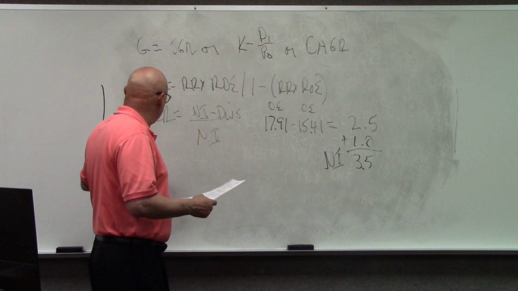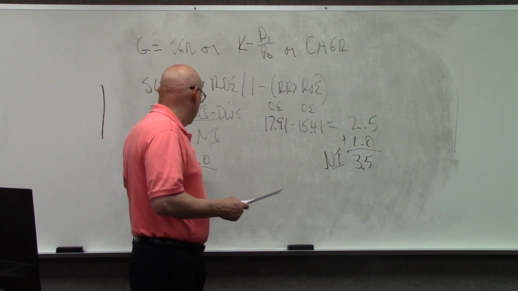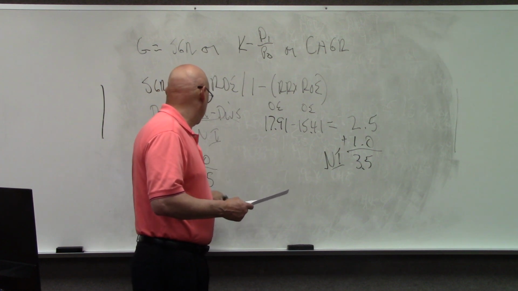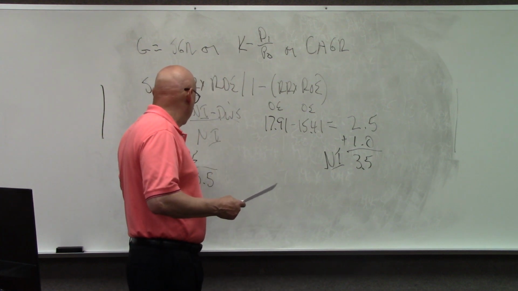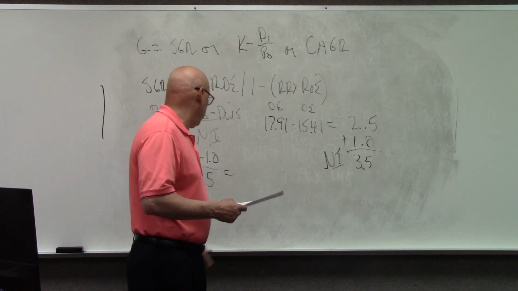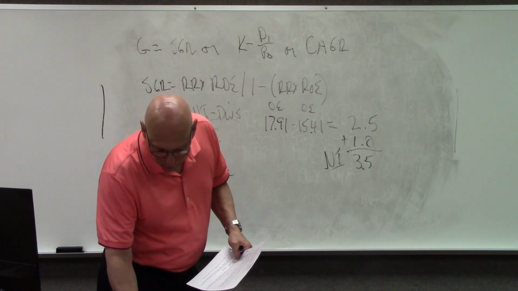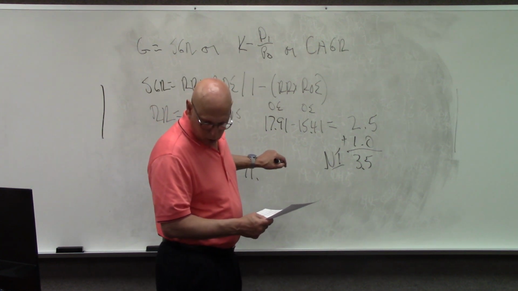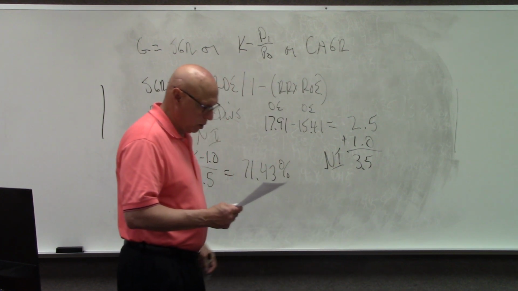So the retention rate is equal to $3.5 million minus 1.0 divided by 3.5. So that's 2.5 divided by 3.5, and they're retaining 71.43%. That's their retention ratio.